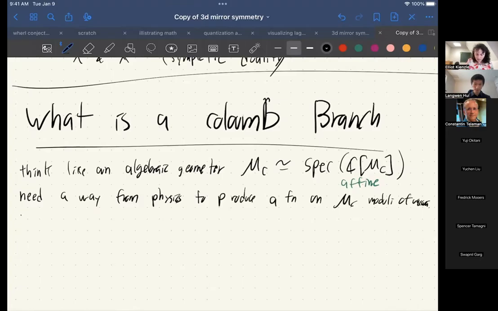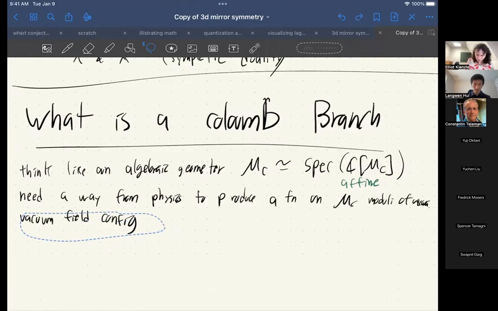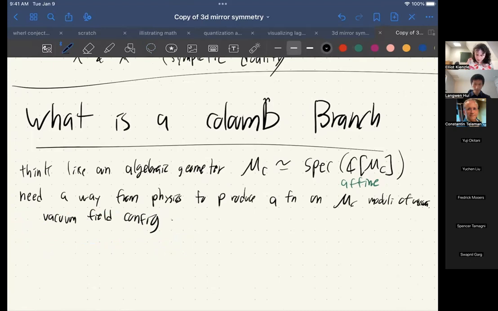I need a thing that takes in a vacuum configuration, a vacuum field configuration, and it needs to output a number. How do we do that? This is an observable in physics words. Another way to say it is we will measure the value of an operator.